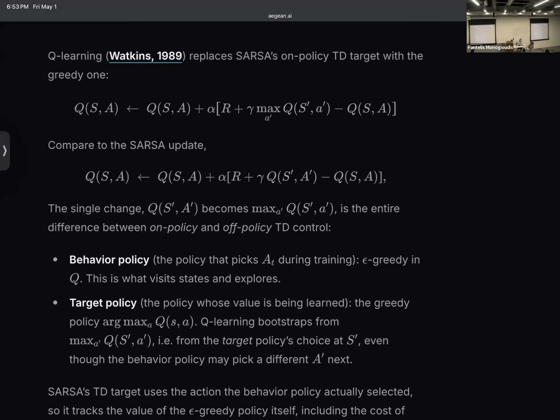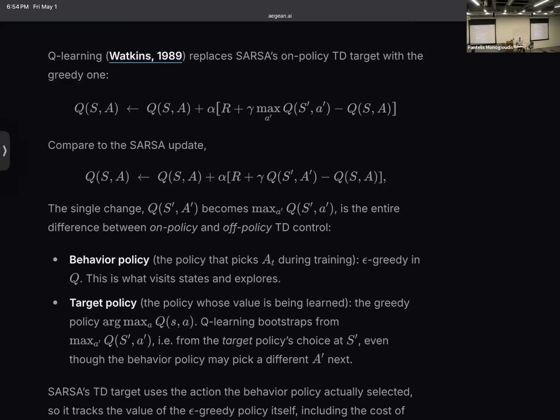We have a behavioral policy which is the epsilon-greedy in Q. And then we have a target policy where effectively we are going to be using the pi, the sort of target policy, to pick up the so-called target.